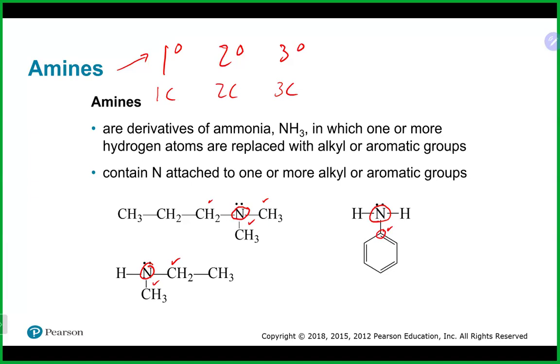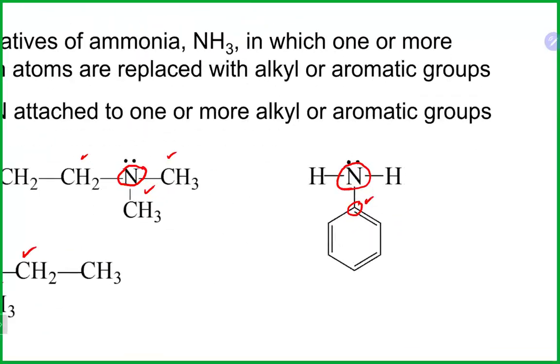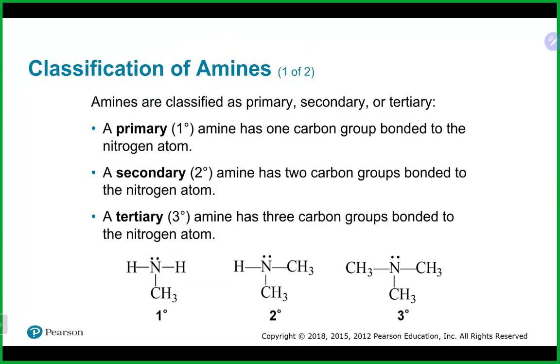So sometimes people count that as well. And here again are some more examples. Nitrogen attached to one carbon, primary. Nitrogen attached to two carbons, secondary. Two and three carbons, again, tertiary. And once again, you can see two hydrogens, one hydrogen, no hydrogens for our tertiary guy.